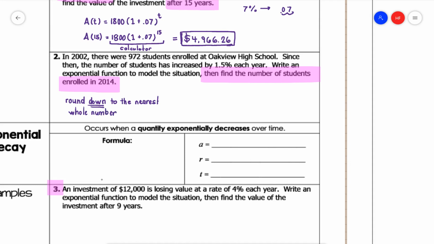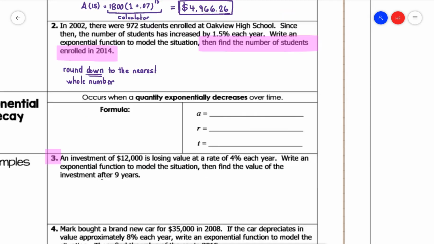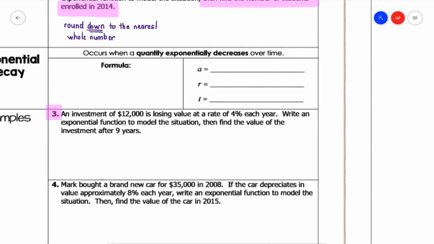So for example, if you got 205.67 kids, you can't have 0.67 students. So you would say your answer is 205 students, because you can't round up and say we would have 206, just because we don't have 206 whole students. So we would round down and say 205. So just be aware of that on your answer on number 2. Since our answer was money, we could keep the decimal there. Since your answer will be people, you have to round down.